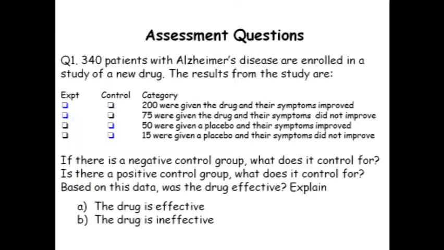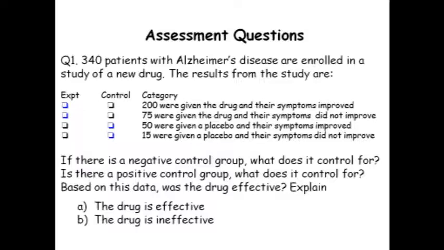Those are the questions. The first one is an easier, more applied question. If you want to test a new drug for treating Alzheimer's disease, here are the 4 groups. 200 people were given the drug and the symptom improved, and 75 were given the drug and the symptom didn't improve. 50 were given placebo and the symptom improved. 15 were given placebo and the symptom did not improve.